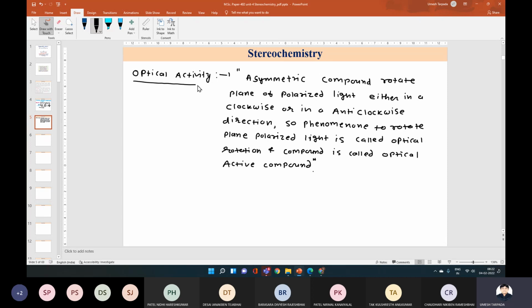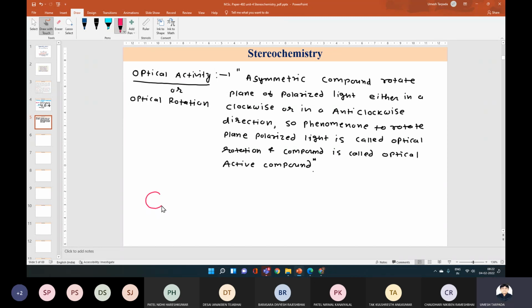So see here the term optical activity, or optical rotation, is the phenomenon to rotate plane polarized light either in a clockwise direction or in an anti-clockwise direction.